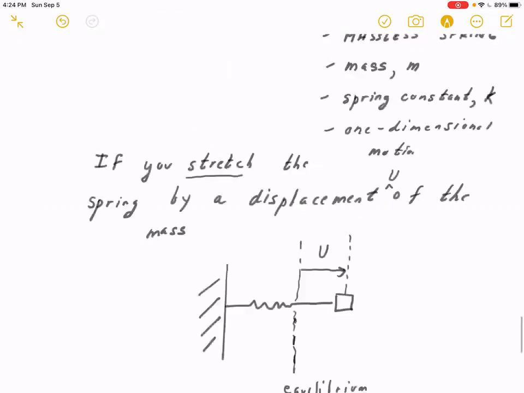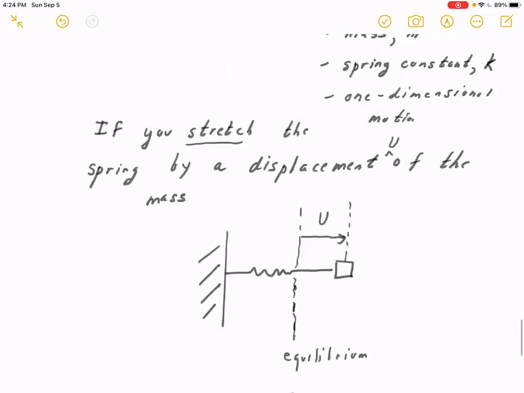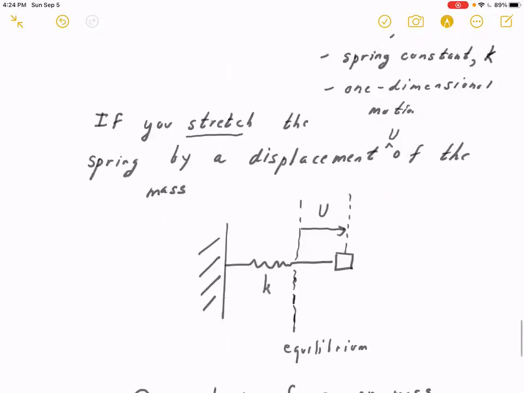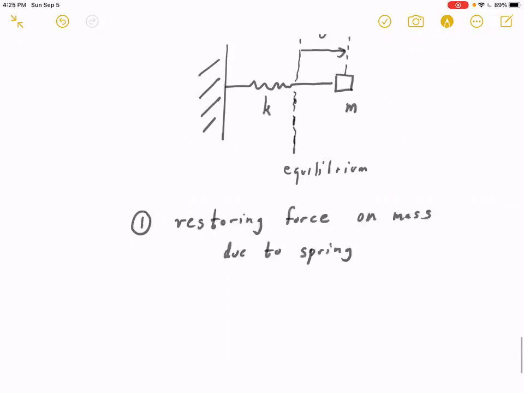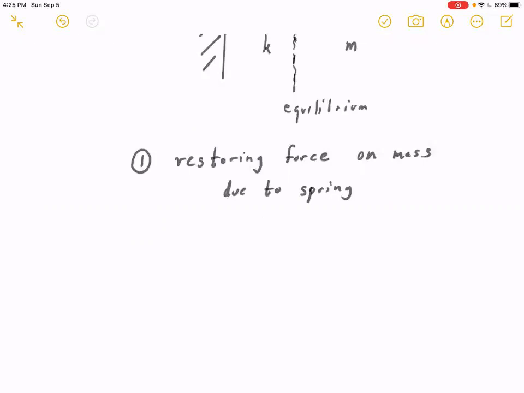Again, let's go back and recognize that my spring has a spring constant K, and the mass of the block is M. And this restoring force on the mass, M, due to the spring, is going to be in the minus i hat direction.